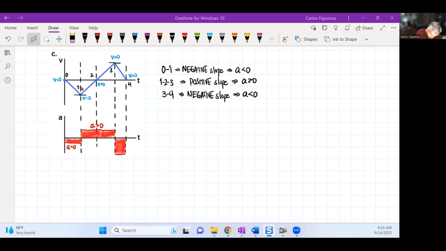Now, as I go from 3 to 4, you could see that I have a negative slope, so I have negative acceleration. So when I look at my curve, you could see that these were the accelerations that we talked about last time. So now let's draw our diagram.